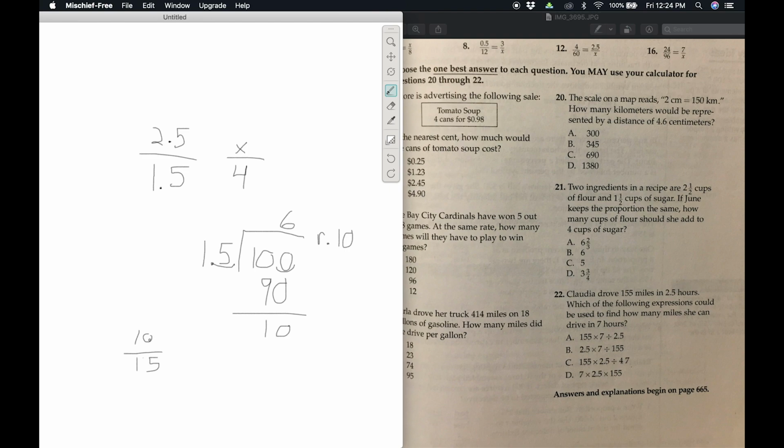So find the highest number that goes into both of them. 5 goes into 10 2 times. 5 goes into 15 3 times. 2/3, okay? So we have 6 and 2/3 as the answer. So the answer would be A over here. See? 21, 6, and 2/3. Okay.